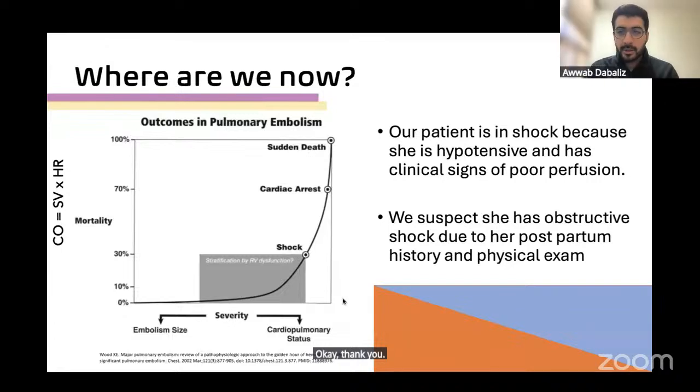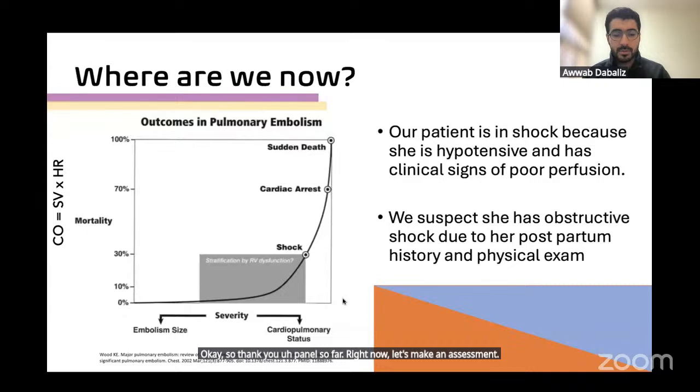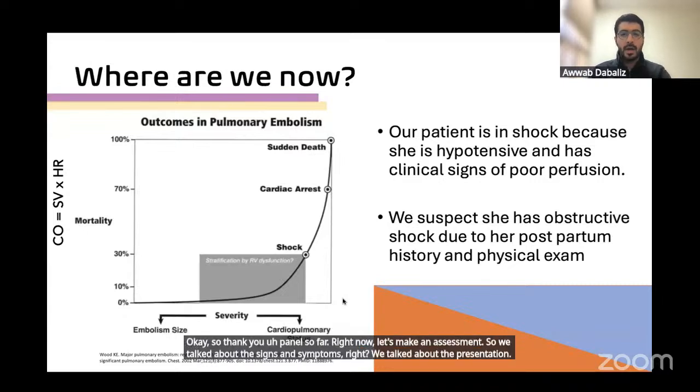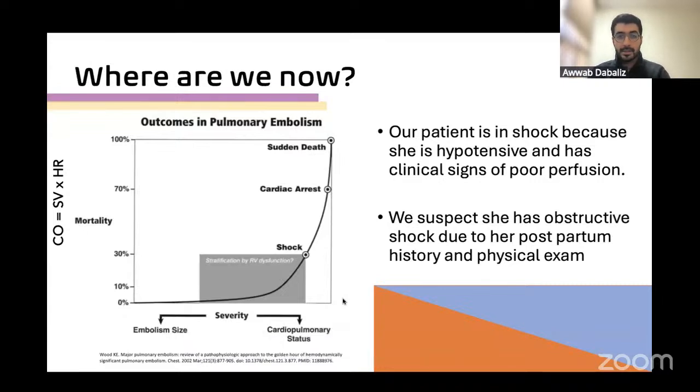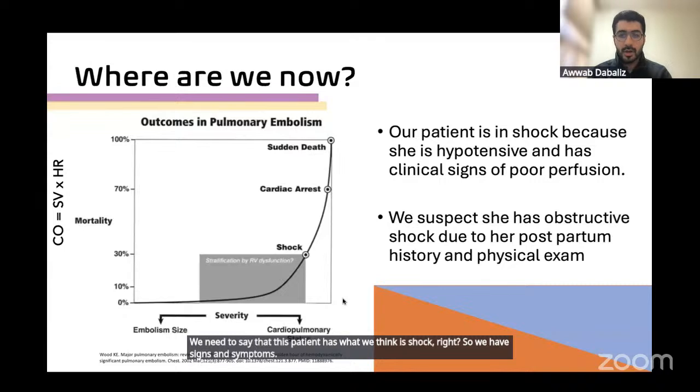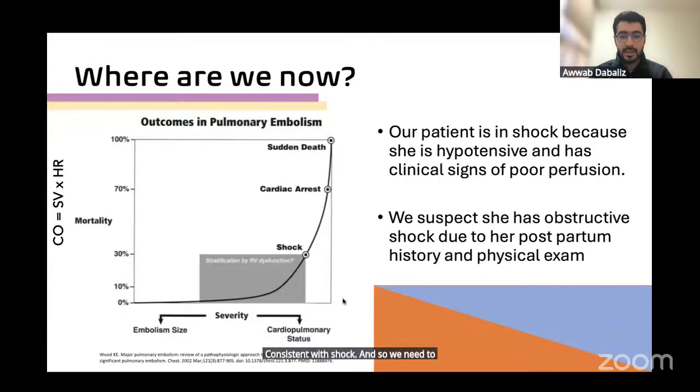Okay, so thank you, panel, so far. Right now, let's make an assessment. We talked about the signs and symptoms, the presentation. We need to say that this patient has what we think is shock. So we have signs and symptoms consistent with shock, and we need to think about that actively and voice it.